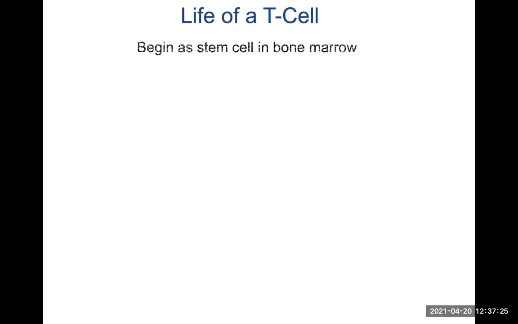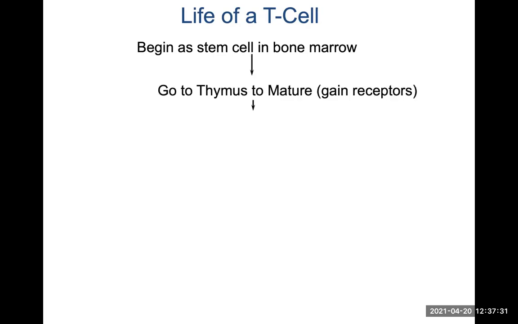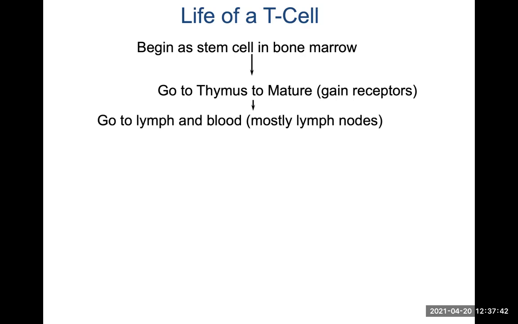So one more time, T cells begin in the bone marrow, travel to the thymus, and mature. We have a checkpoint to make sure that they're not going to react with any of the cells of the body. Then we release them into the lymph, and they wait to encounter antigen.